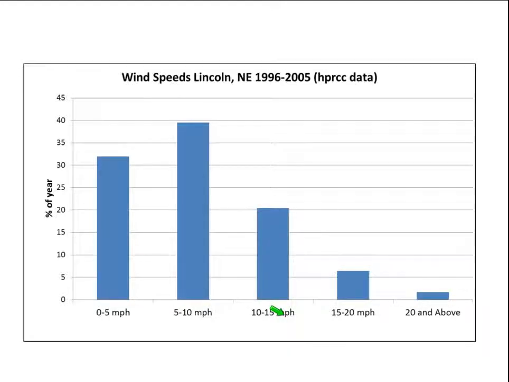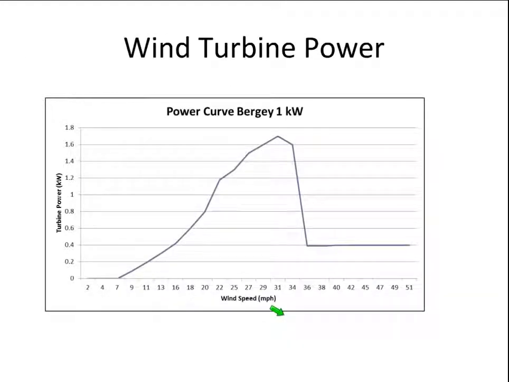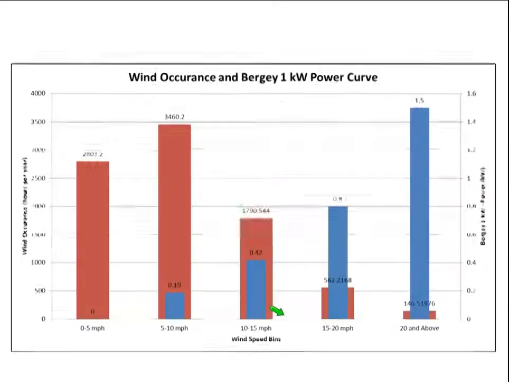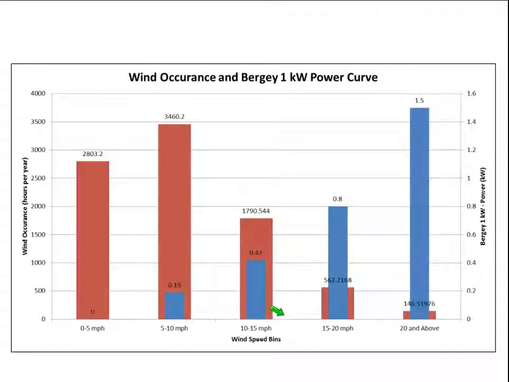And so if we were to take that and apply our power curve to it, we could say that at that 0 to 5 mile an hour, remember our power curve says our turbine's not even spinning. But again, we don't really care because there's not much power in the wind down here at 0 to 5 miles an hour. And so then we can say hours per year. There's 3,000 hours per year where it's 5 to 10 miles an hour, and this is about what it'll produce at that wind speed.